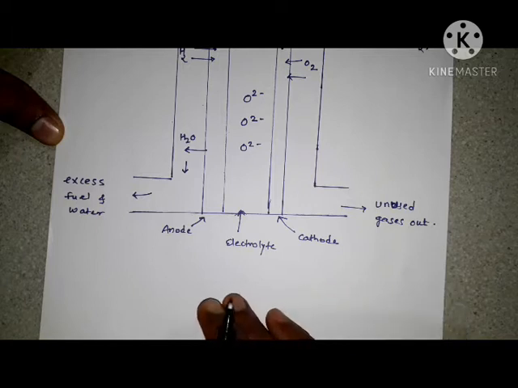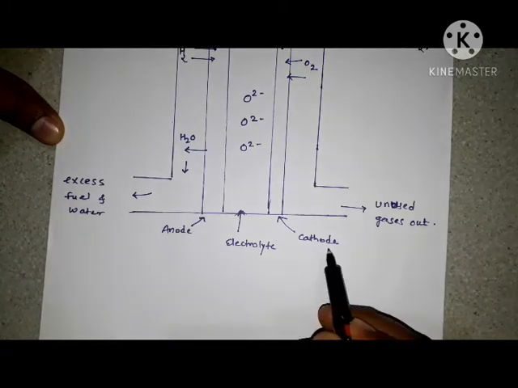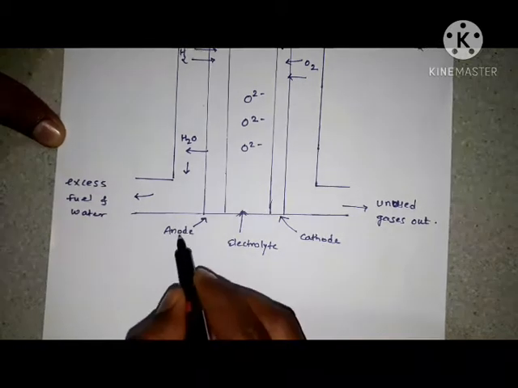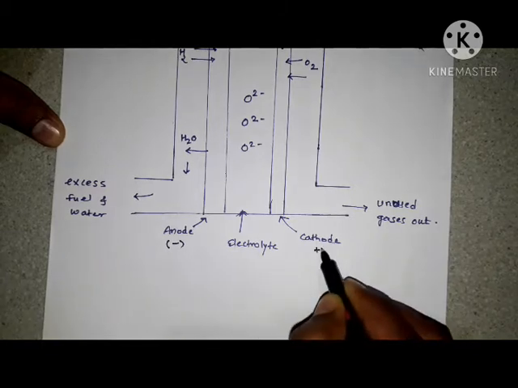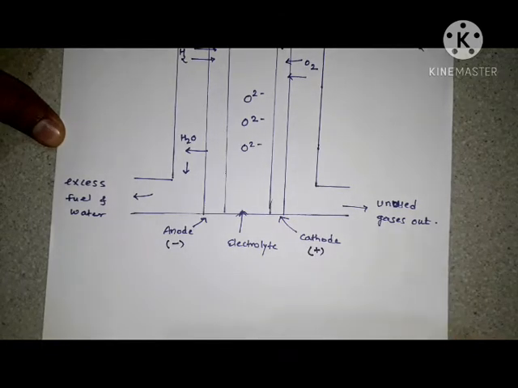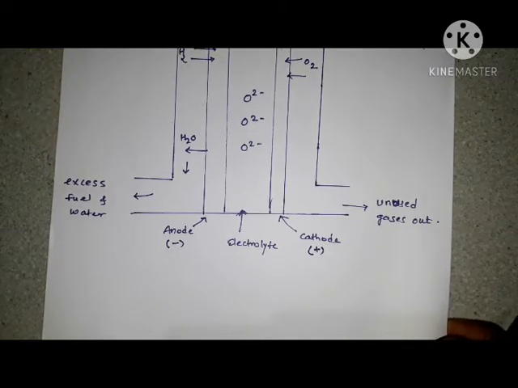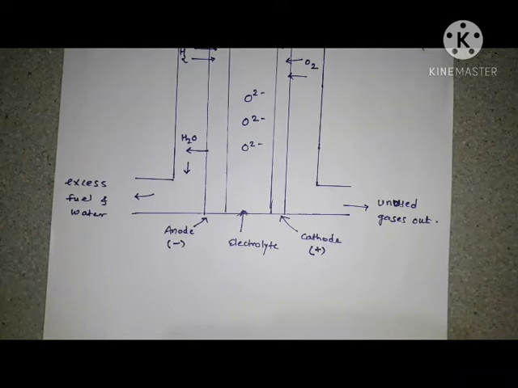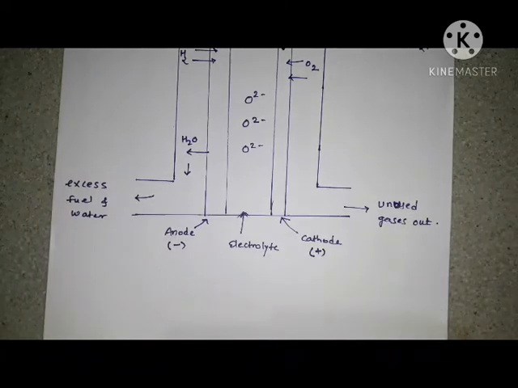In the electrolytic cell, anode is positive and cathode is negative, but in a galvanic cell your anode is negative and cathode is positive. Okay, so in the fuel cell the electrodes are used as a negative anode and positive cathode.